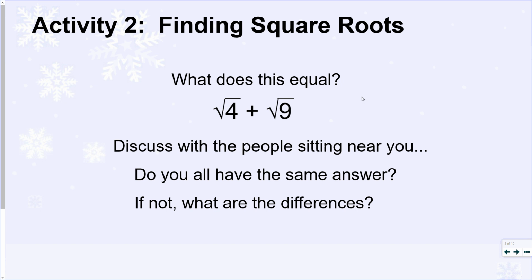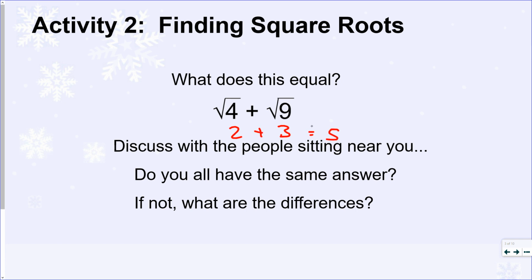Okay, so what's this one? What does root 4 plus root 9 equal? Well, let's see. Square root of 4 is 2, right? Square root of 9 is 3. Maybe 2 plus 3 equals 5?